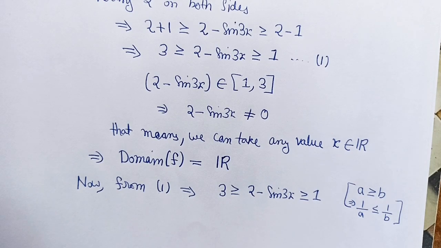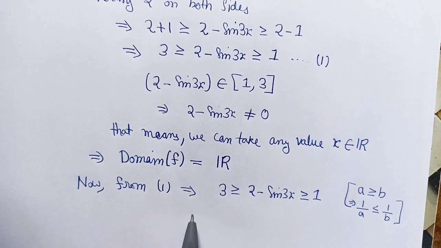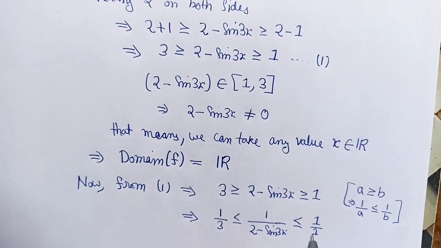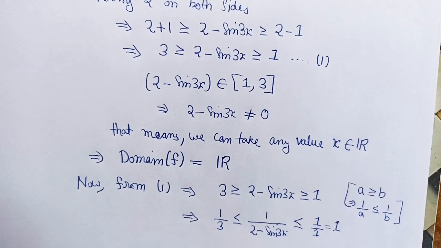Now here we apply this inequality. That implies 1 upon 3 is less than or equal to 1 upon 2 minus sine 3x, which is again less than or equal to 1 upon 1, which is nothing but 1.